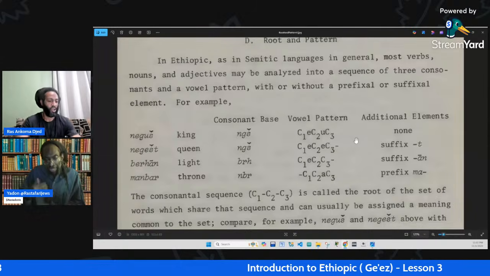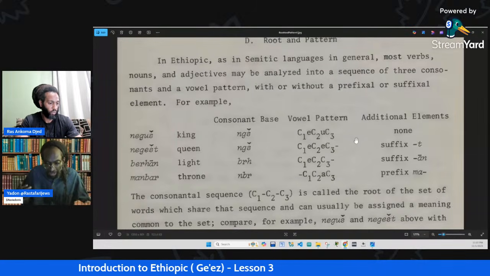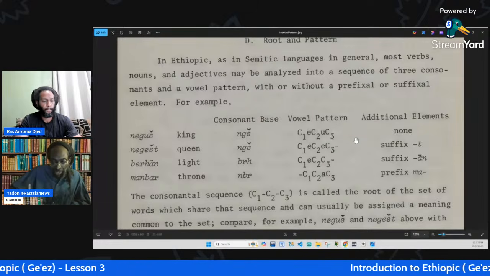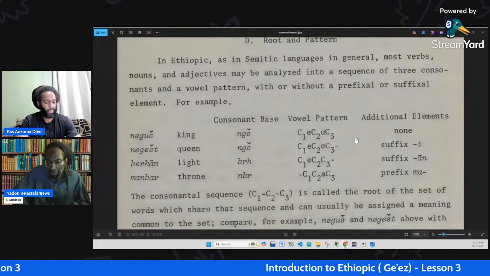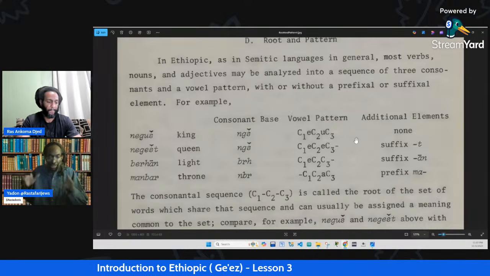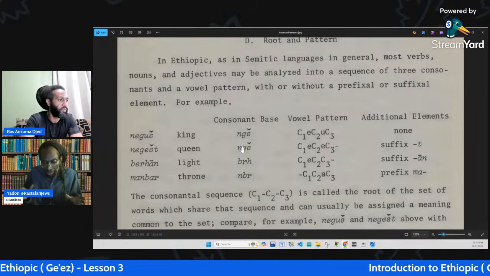In Amharic it would be negist, but here in Ge'ez it is negisht. Queen, right? Notice that the consonant base is the same: the N, the G, and the SH.